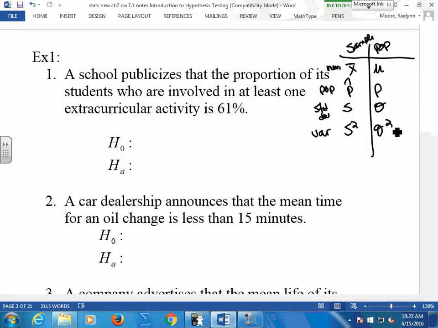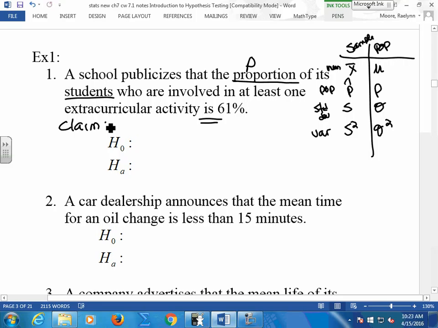So a school publicizes that the proportion of all its students at the school, this is a population proportion, who are involved in at least one extracurricular activity is 61%. How do I write that math statement? This is my claim. This is what we're claiming.